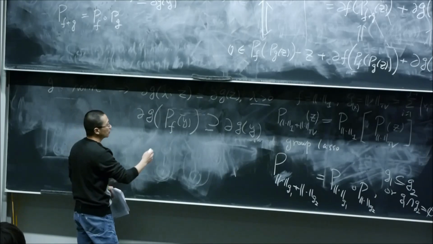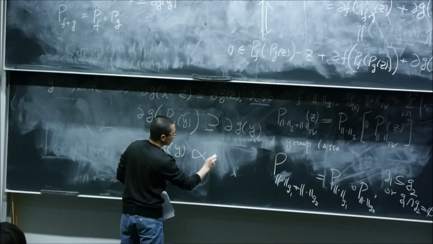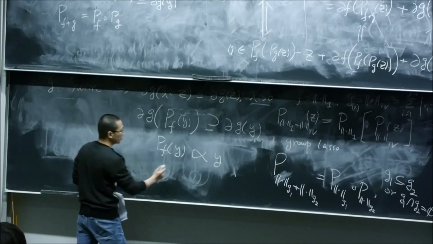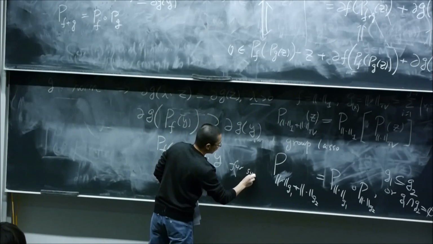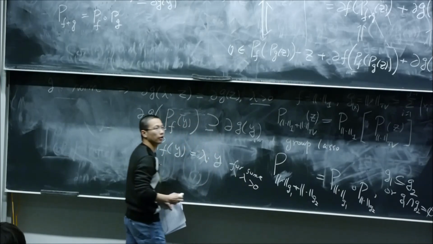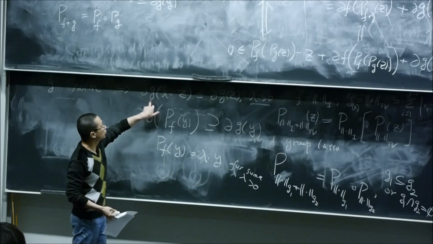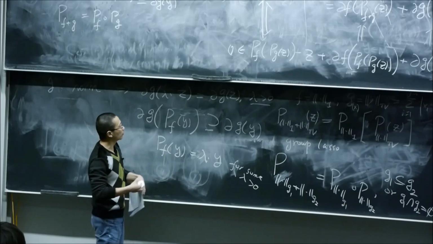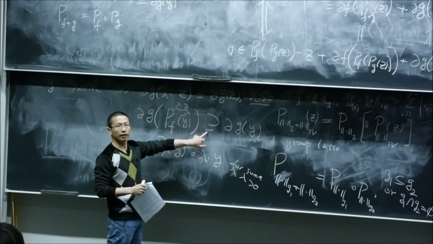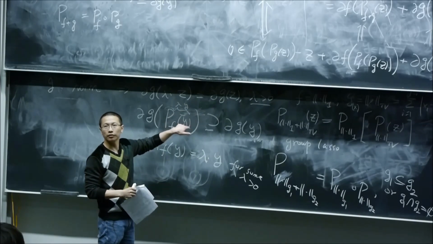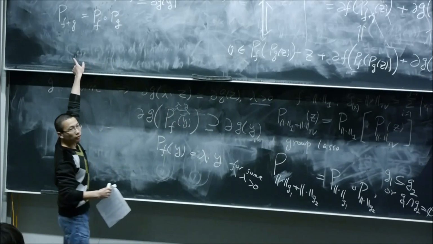Well, the next obvious thing is if Pf of y is proportional to y, in other words, if Pf of y is lambda times y for some lambda, then I satisfy this, right? Because g has this property. If Pf of y is lambda y, then I not only have this containment, I actually have equality there, right? So if I have this condition, I will satisfy the sufficient condition. Therefore, I will have this decomposition rule here.